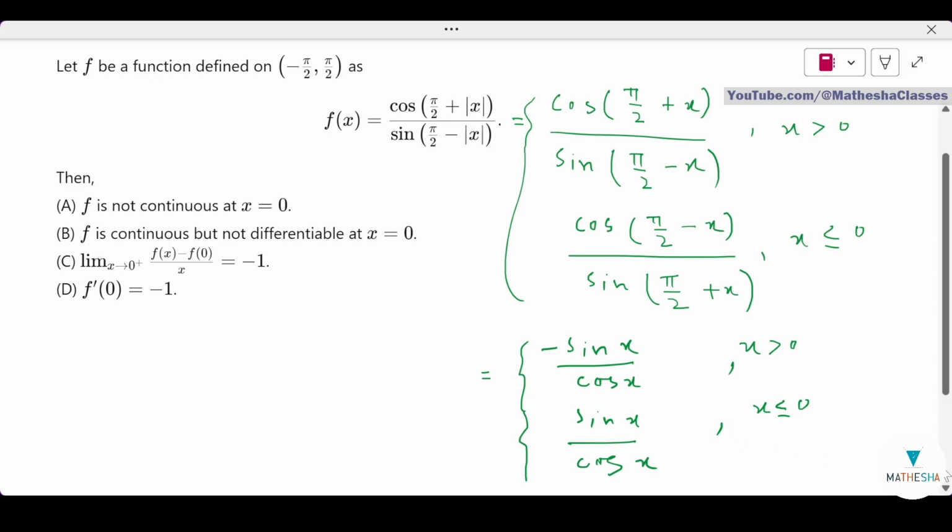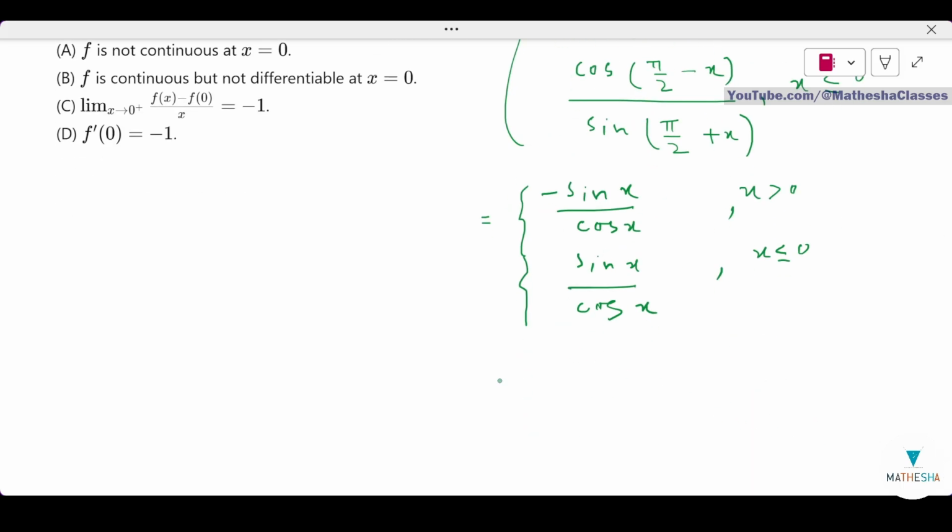When x is less than or equal to 0, that means when x is greater than 0, minus sin x by cos x means minus tan x, and when x is less than or equal to 0, sin x by cos x means tan x. So that is the expression of f(x).